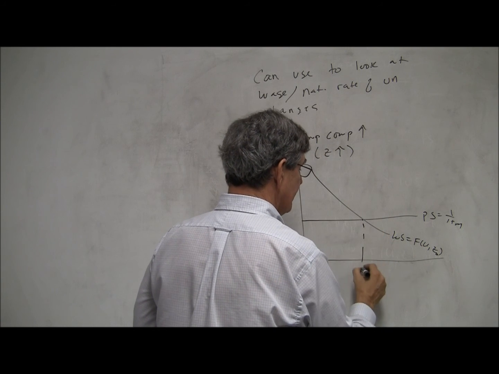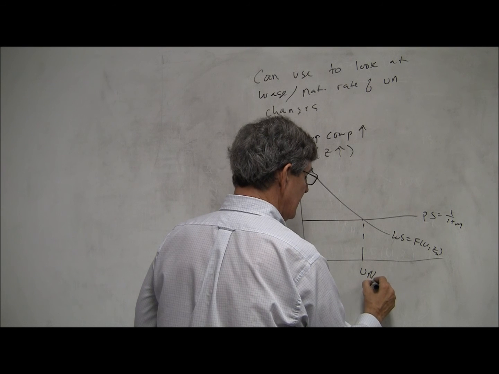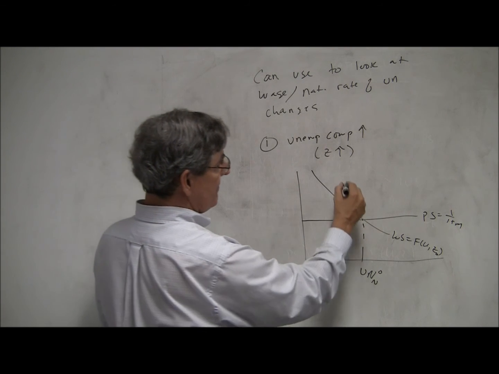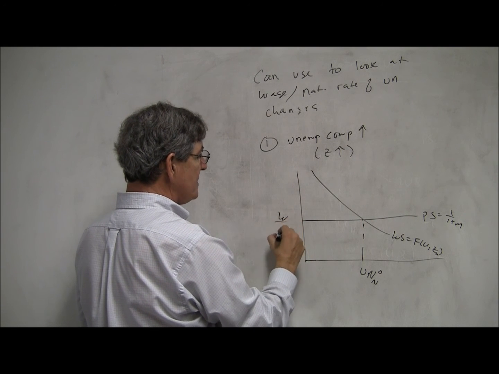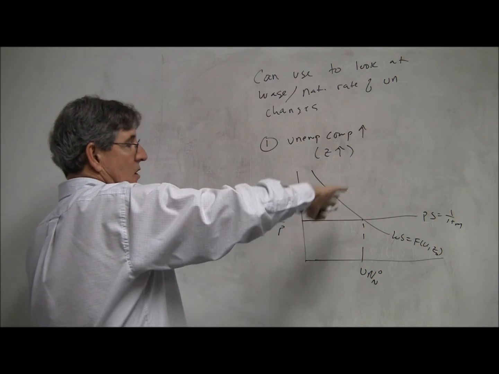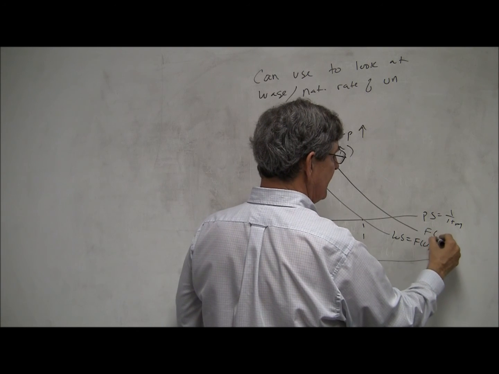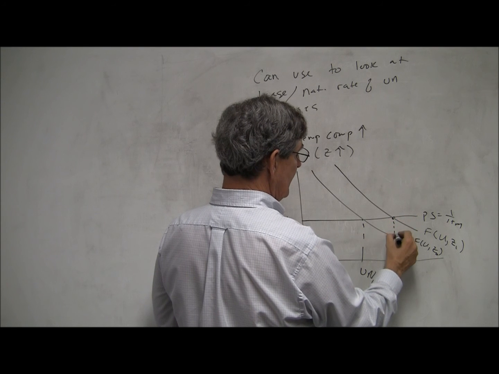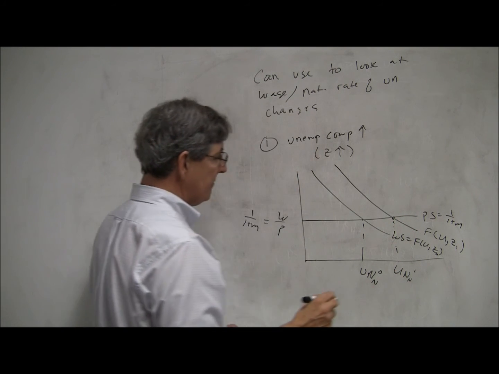That gives us the initial natural rate of unemployment, UN0. Then when Z goes up, unemployment compensation gets better. That's not going to change the wage, which is fixed because we don't have any slope to this line, but it will change the unemployment. So this will shift out to F of U and Z1 because Z went up, and the natural rate of unemployment goes up.